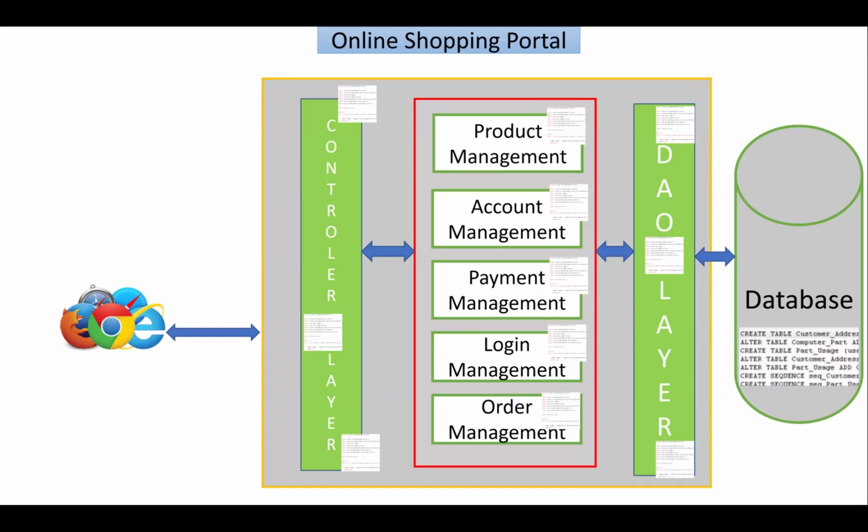That is called a monolithic architecture. Whatever code I wrote, front end code, middleware code, back end code, any code, everything sitting in one shell or one container. That is the principle of a monolithic architecture.